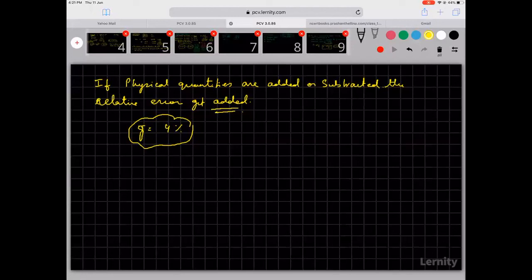Okay, so it is equal to 4%. So that is how you go ahead with it.